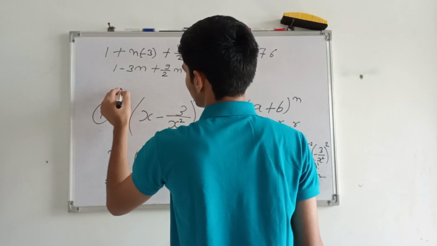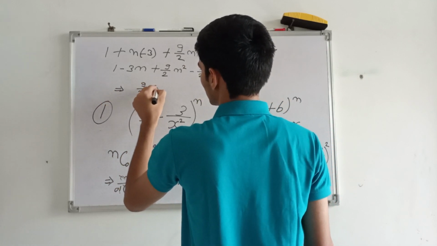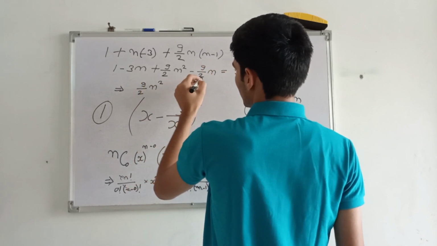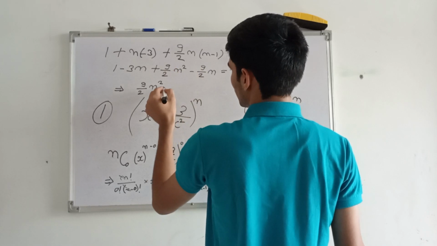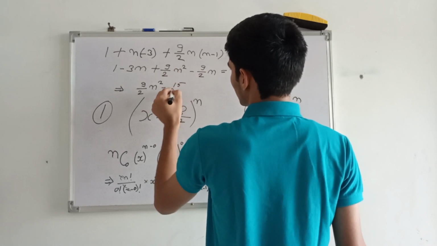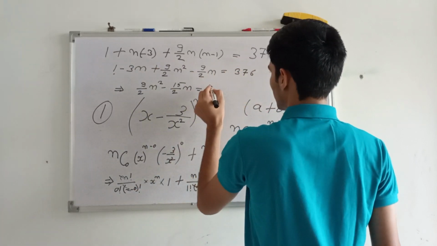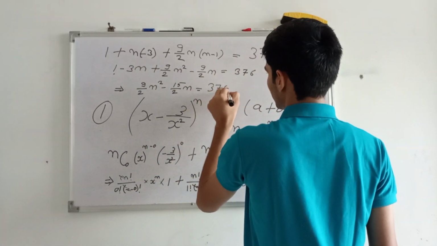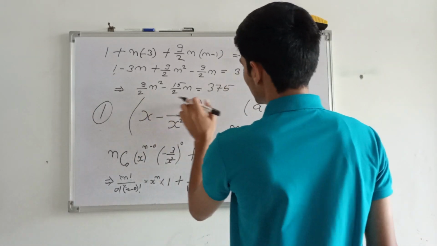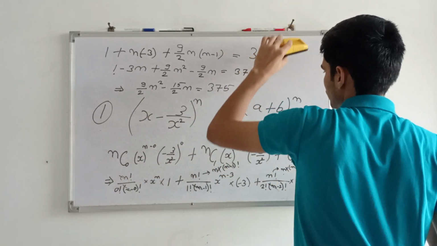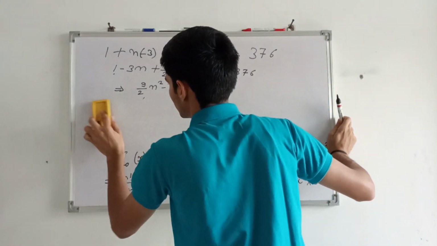What we will get? 9 by 2 n square. Take LCM 2, we will get minus 6 minus 9, which is minus 15, divided by 2, n. Take this one to this side, we will get 375. Now take this 2 as LCM and shift to this side.